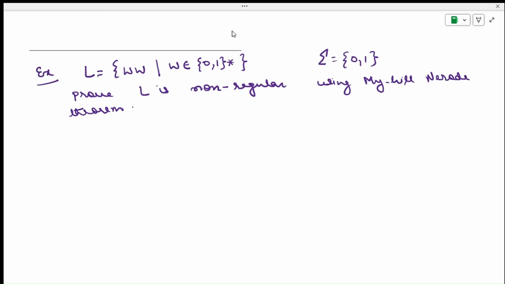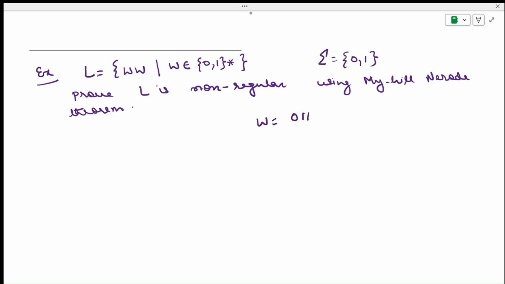Here in this example, L is equal to WW, such that W belongs to {0, 1} star. We need to prove that L is non-regular using the Myhill-Nerode theorem. So what type of strings does L have? Suppose W is 011.